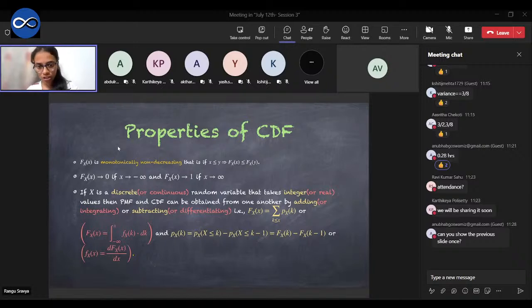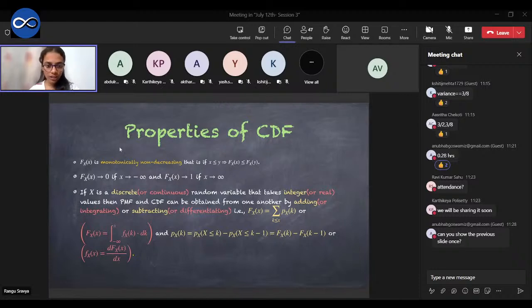Similarly, if you consider a continuous random variable and a given PDF, in the discrete case we were adding to find the CDF. For the continuous case, we will just replace that summation by integration. We will be integrating and finding the CDF. And for finding the PMF we were doing subtraction; here, for finding the PDF, we will be differentiating.